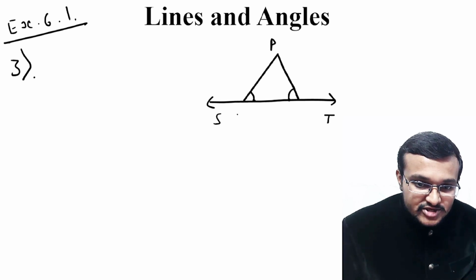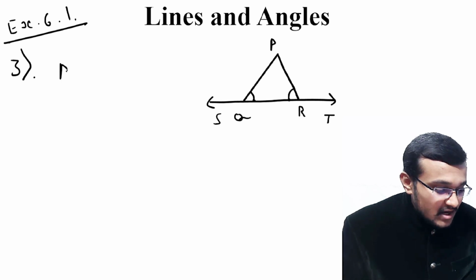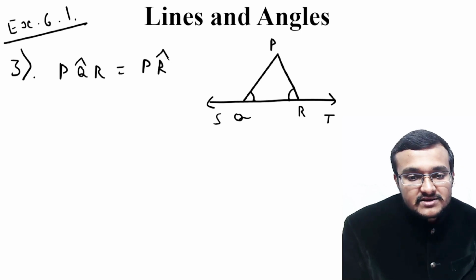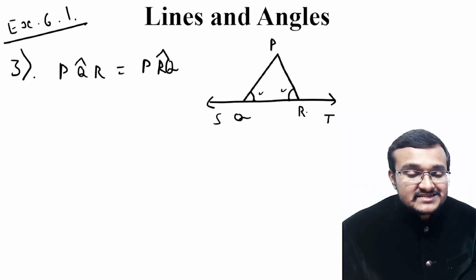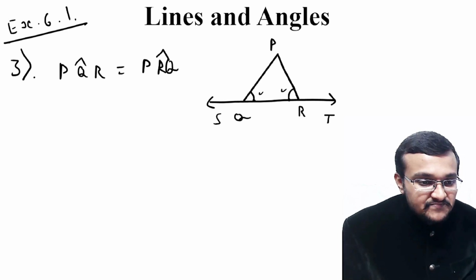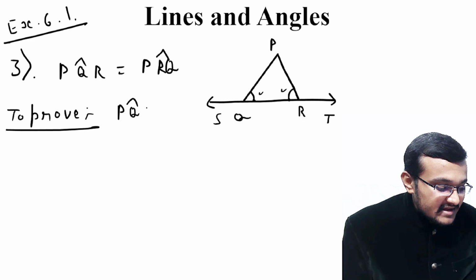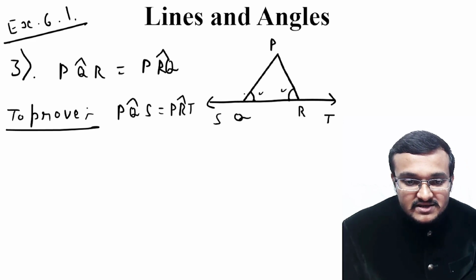PQR is the name of this triangle, and angle PQR is equal to angle PRQ, so these two angles are equal, and ST is a straight line. Using this data, we have to prove that angle PQS is equal to angle PRT. That means we have to prove that this angle and this angle are equal.